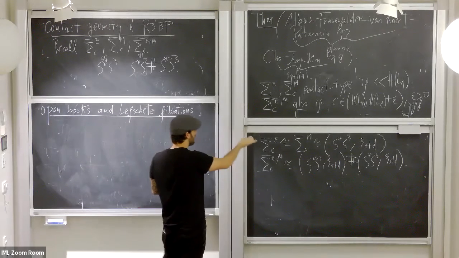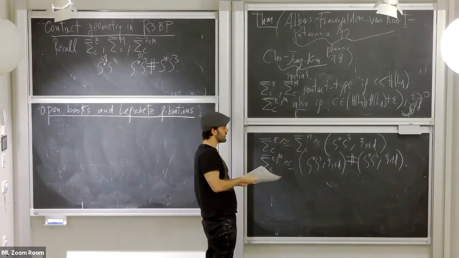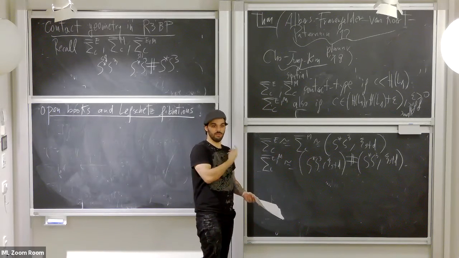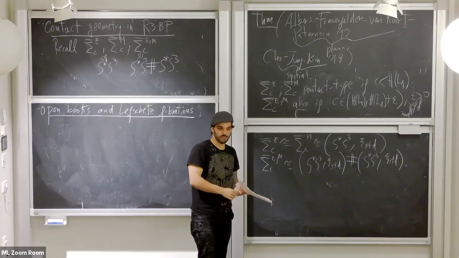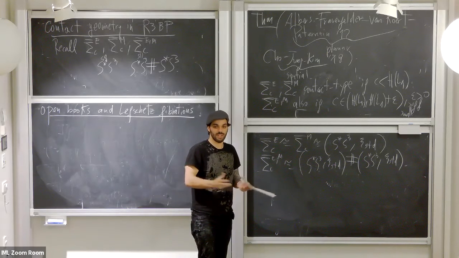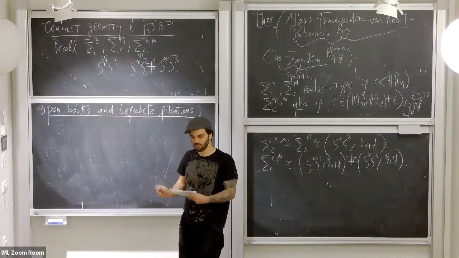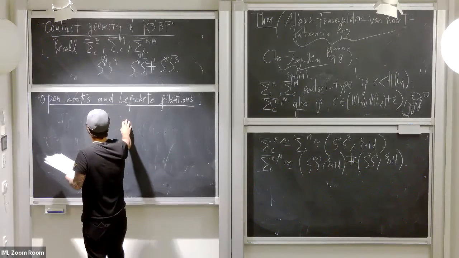Before I do this, it follows as a corollary from this that in order to understand the dynamical system in these energies, we just need to study the Rabe dynamics for the contact form that we obtain. The contact form is just a restriction of the standard contact form in the ambient picture after regularization. Anyways, so open books and Lefschetz fibrations.